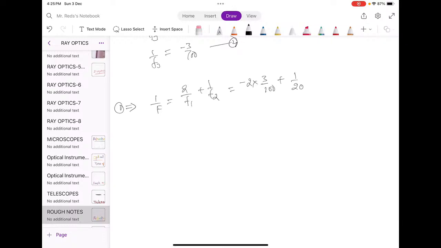So on simplifying this, 1 by f is equal to minus 3 by 50 plus 1 by 20, and simplifying it you will get minus 1 by 100. So f is equal to minus 100 centimeters, which will be the effective focal length of the system.